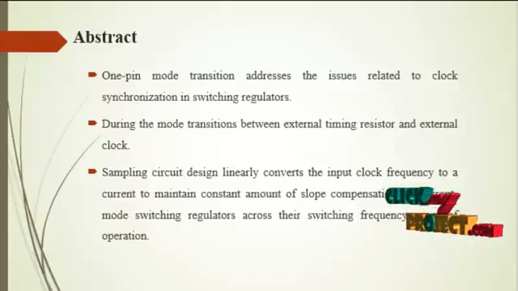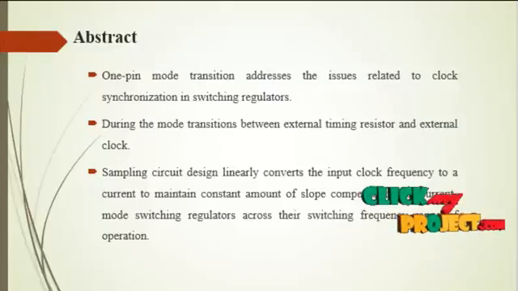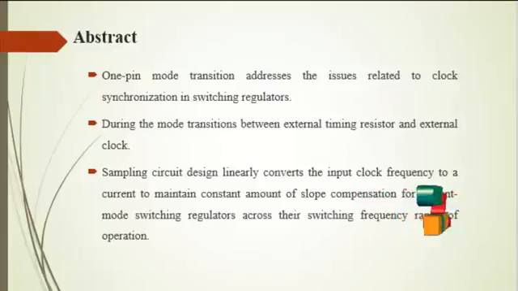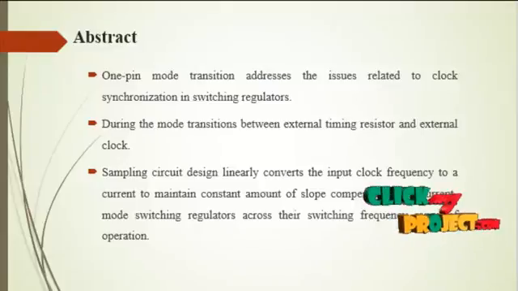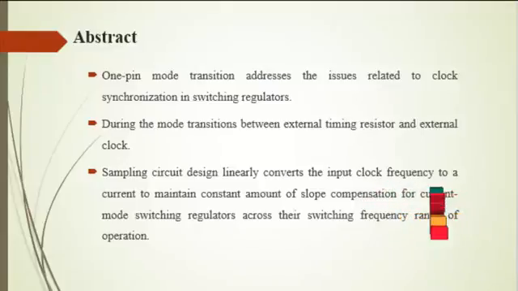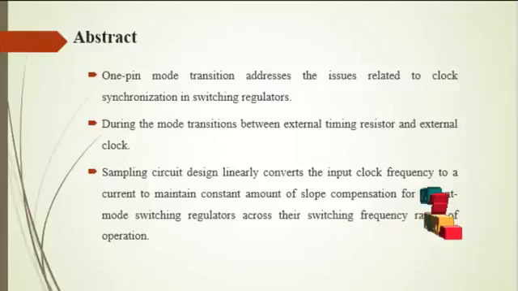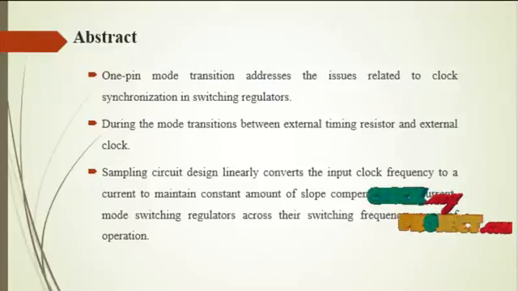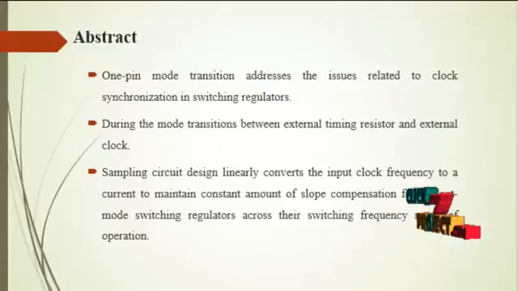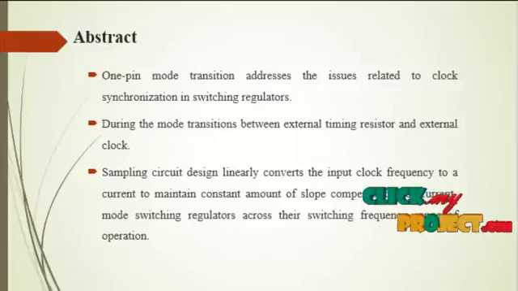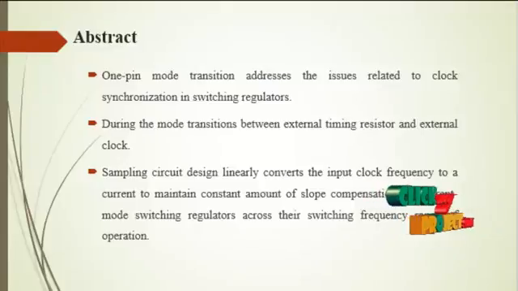The proposed circuit reduces the circuit complexity needed to achieve mode transition during synchronization by utilizing the switched capacitor and sampling design techniques. It linearly converts the input clock frequency to a current to maintain a constant amount of slope compensation for current mode switching regulators across their switching frequency range of operations.